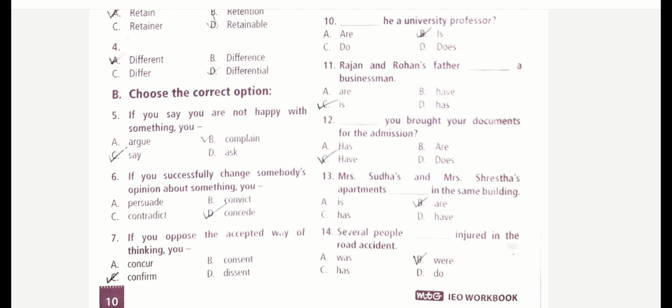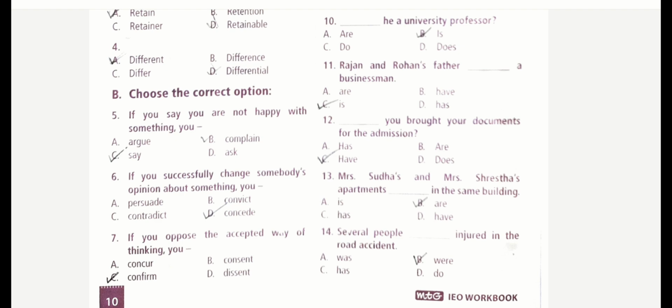What is the meaning of confirm? It means to verify the accuracy or truth of something, or to establish the certainty of a fact. And what is the meaning of consent? Consent means to give permission or approval for something to happen, or to agree to a proposal or request.